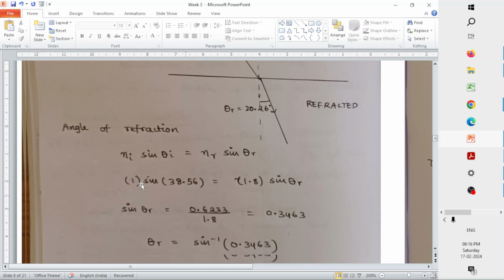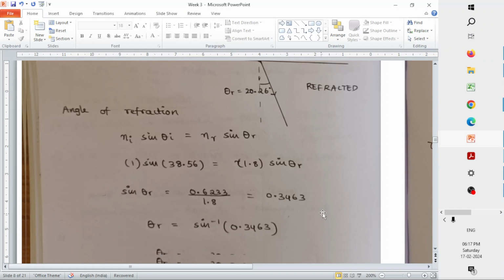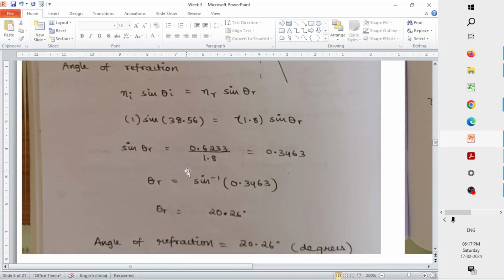And I have shown also 1 times sine of 38.56 is equal to 1.8 times sine of theta r. So your sine of theta r will be 0.623 divided by 1.8, that is 0.3463. If you take the sine inverse, you will have theta r as 20.26 degrees. So the angle of refraction in the glass medium is 20.26 degrees.